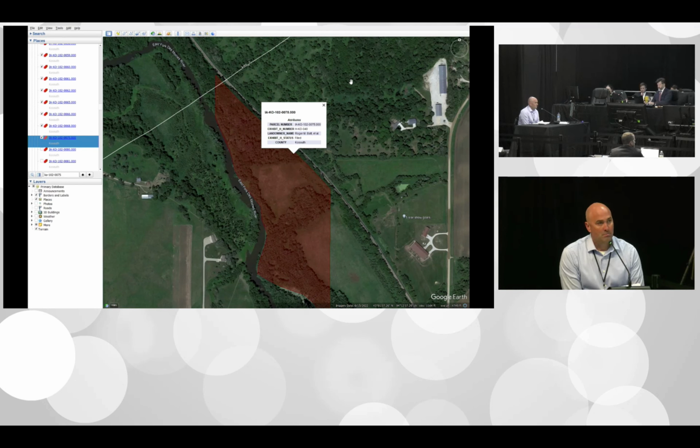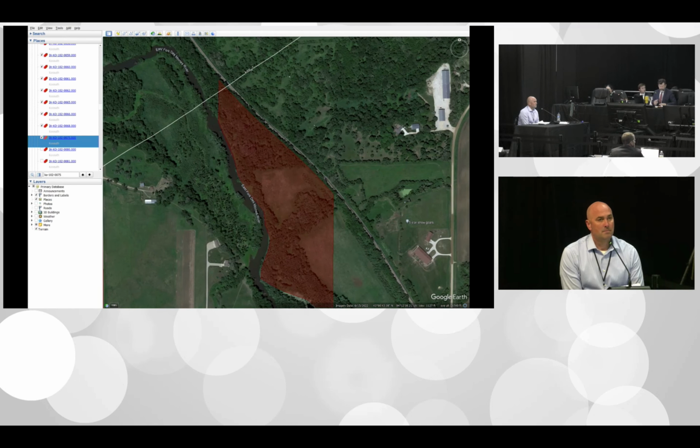We also have maple syrup produced out of that parcel. Future plans, I would like to build a retirement vacation home on this parcel.